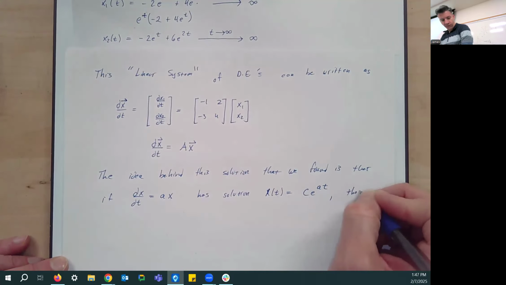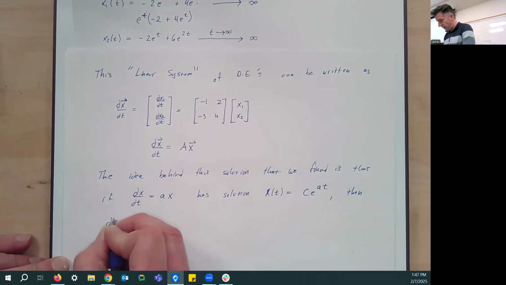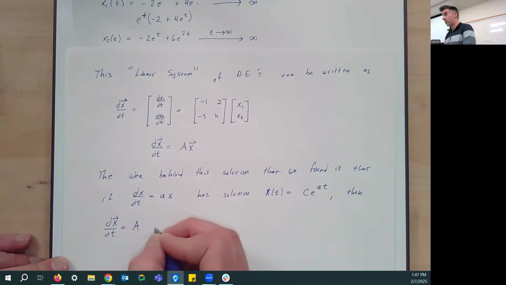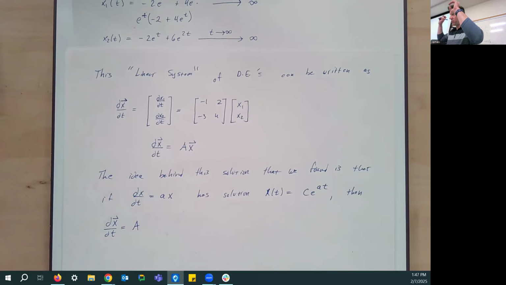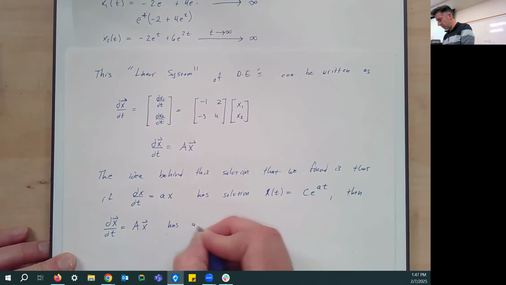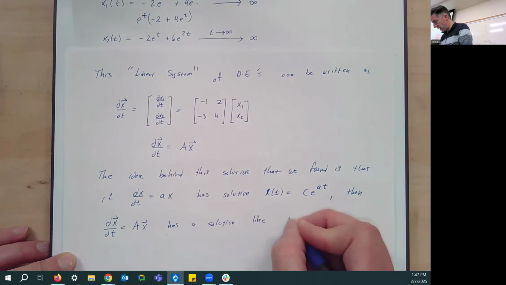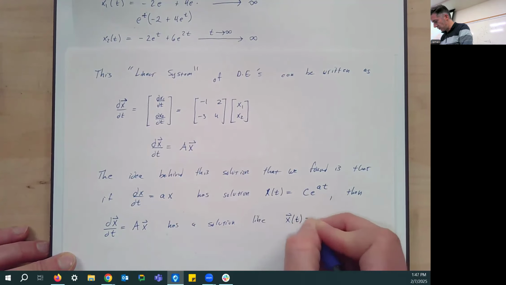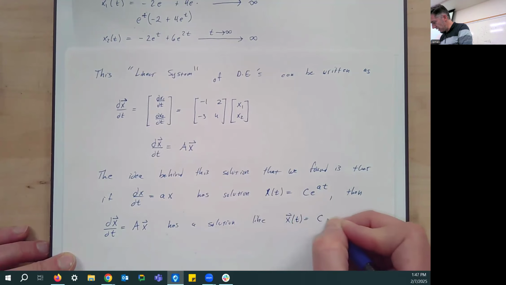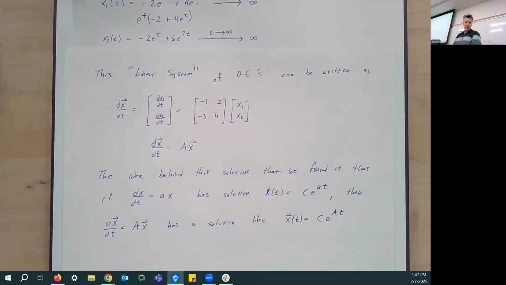Then it's not too far-fetched to say that the derivative of the vector x equals some "constant" A times x has a solution like x of t equals c e to the capital A t. But the problem is we can't really do that.